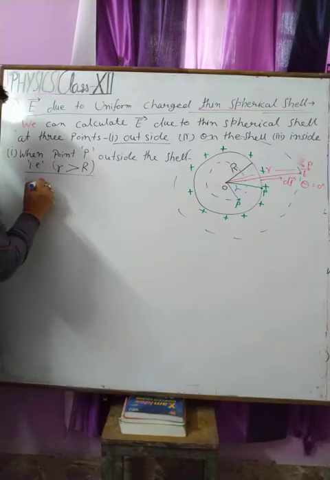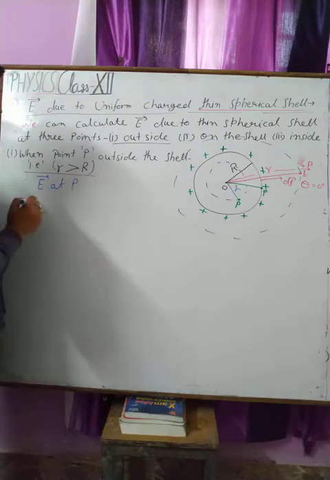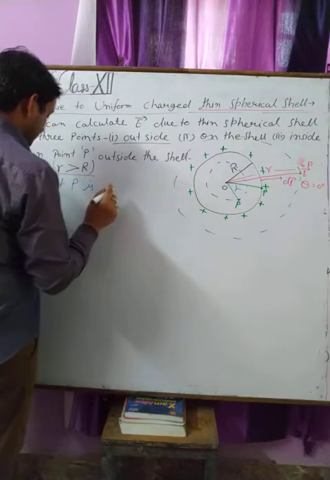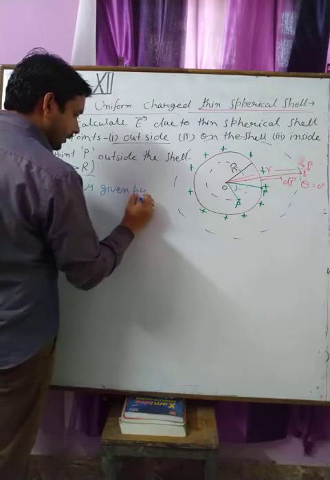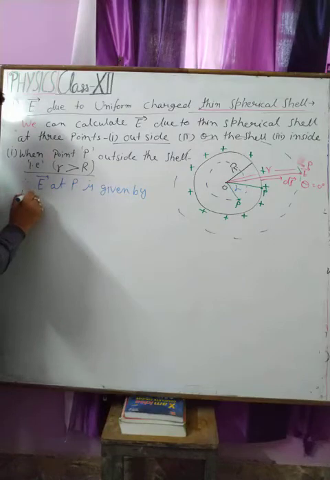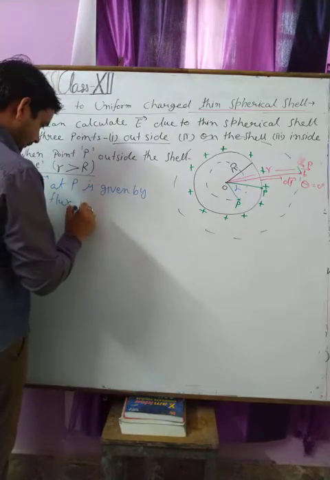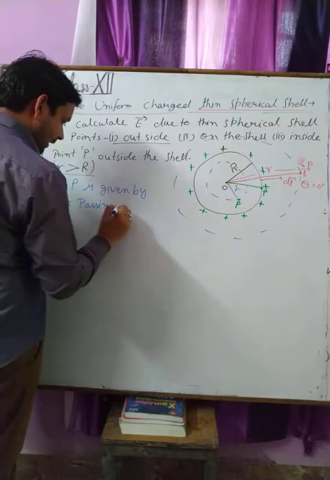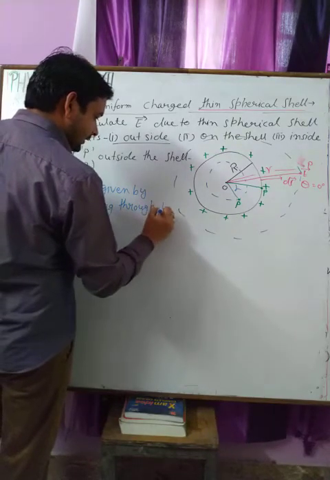Therefore, the electric field at P is given by the total flux passing through the shell.